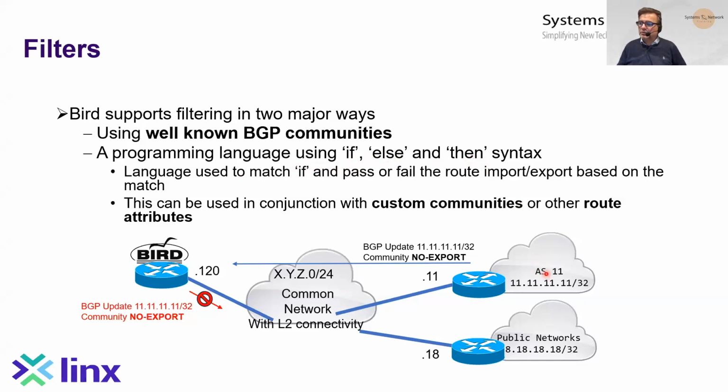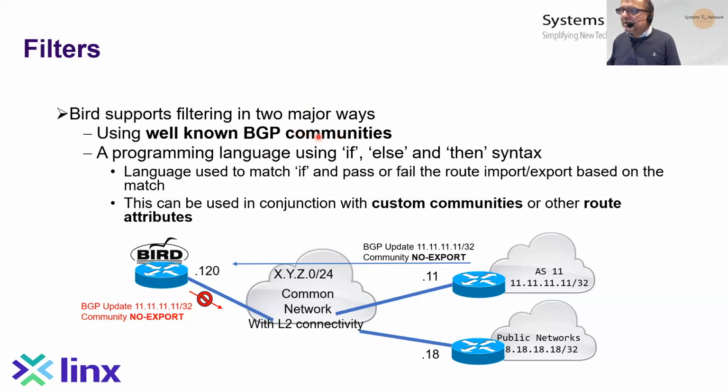So if the autonomous system here wants to send a route out, but it doesn't want that route to be seen by a particular peer of the route server, then we can use this programming language here within our configuration file to tell the route server that we don't want this route to be sent out.